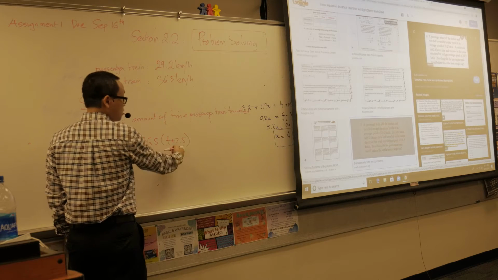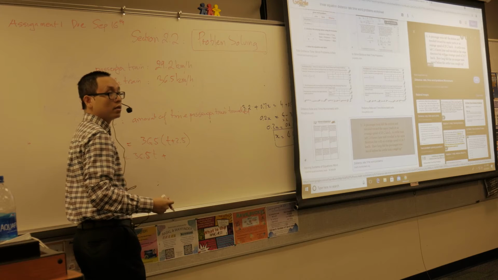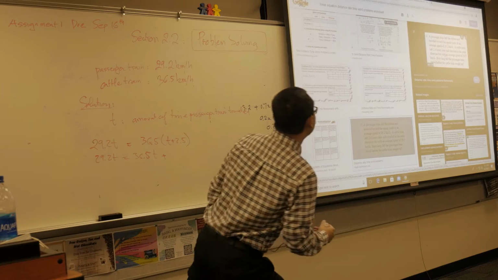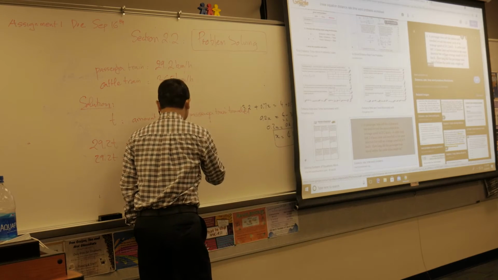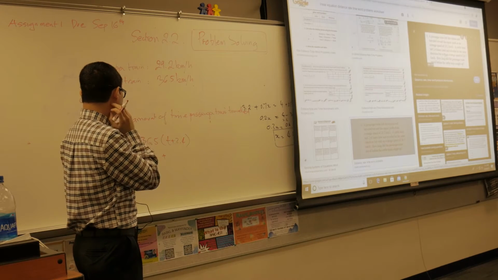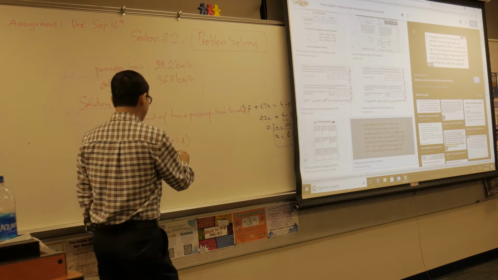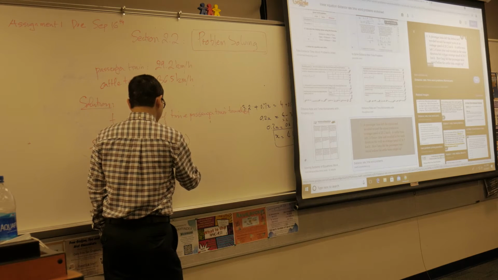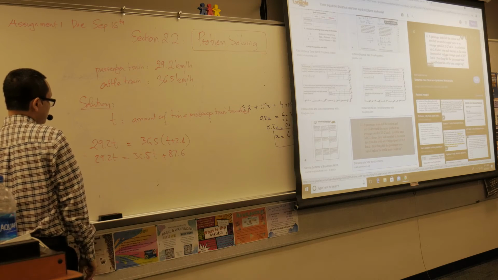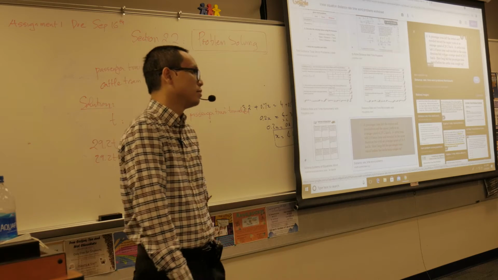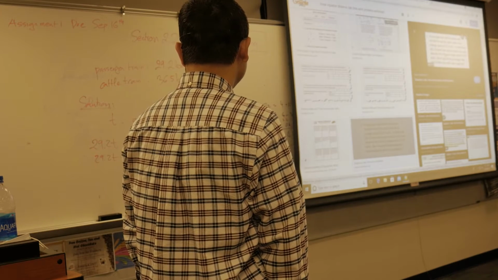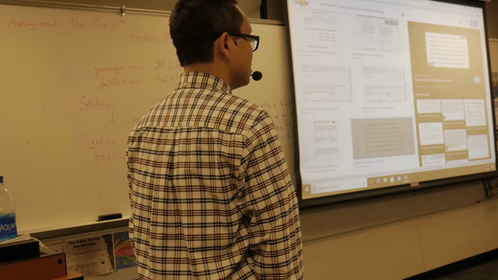Please give me the answer for this. 36.5 times 2.4 is 87.6, right? Something's not right, because right now we got t as a negative number.